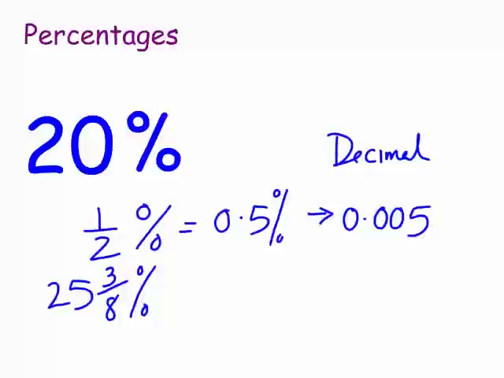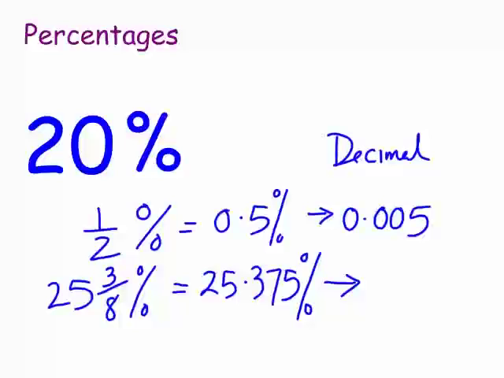How about 25 and 3/8%? Well, 25.375. You hopefully know 3/8 as a decimal. That's a mixture of a whole number and a decimal as a percent, but we now want to convert it to a decimal.